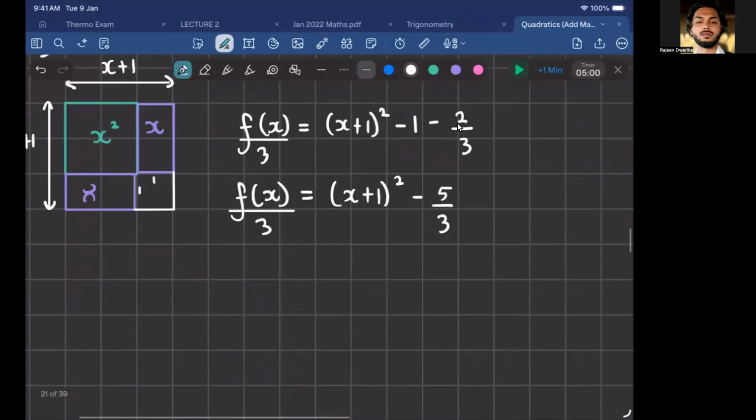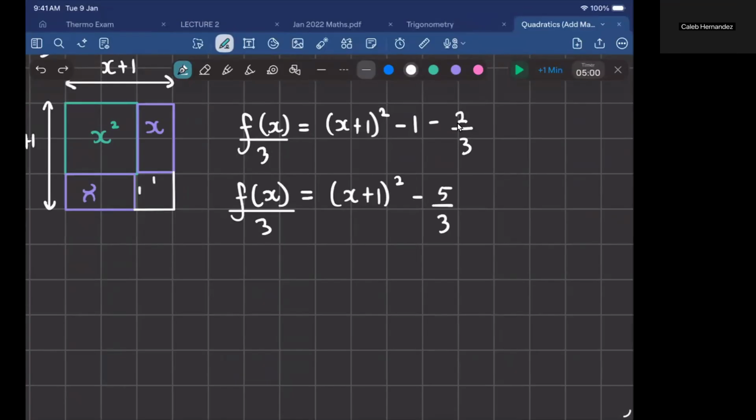Now, if you wanted to find the original area, which is just f of x, what do you think I should do? Multiply. Okay, so Caleb, I think you have it. If you have a third of something and you want to figure out how much the entire thing was, what would you multiply it by?